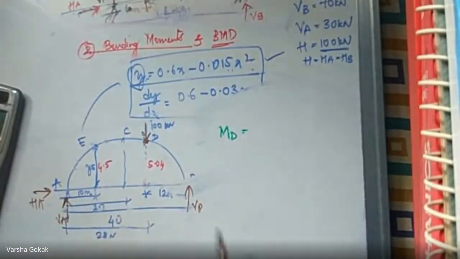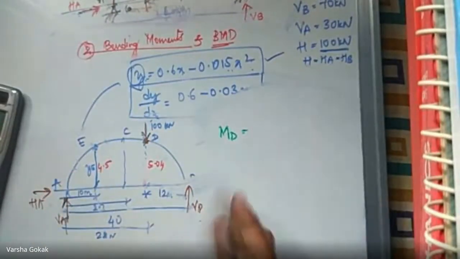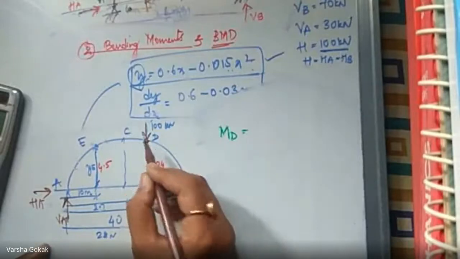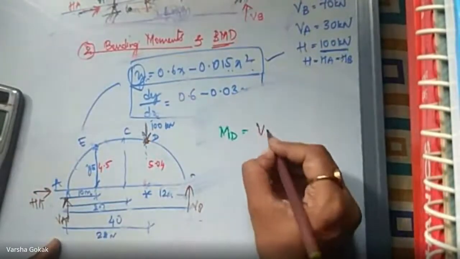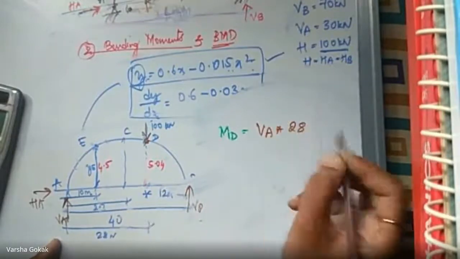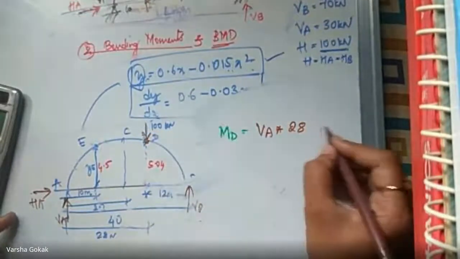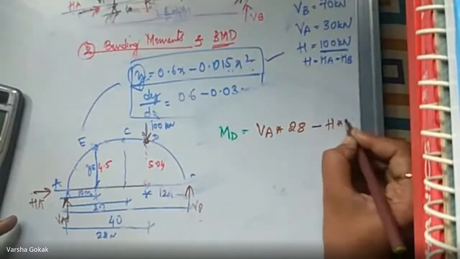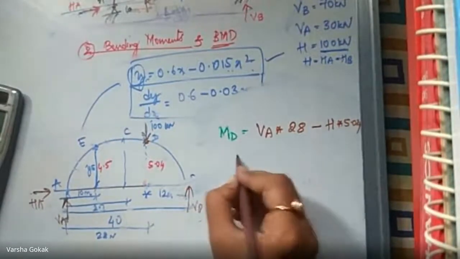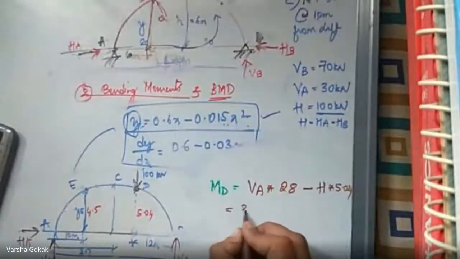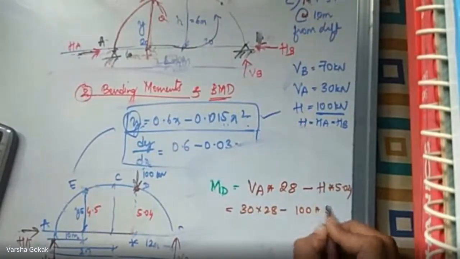Now, when you are doing beams also, for bending moment at the midpoint, you come from any one side, not both sides. So when I want moment at this point, moment at D, it will be VA into this total distance, that is VA into 28, and HA into 5.04, minus H into 5.04. Clear? So VA value I know. VA is 30 into 28 minus H is 100 into 5.04.